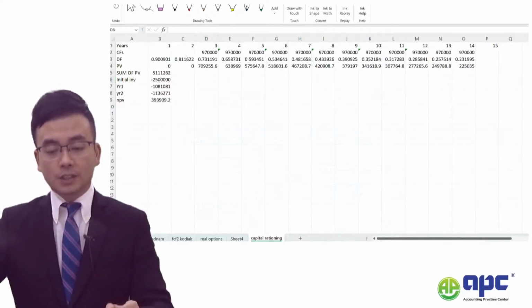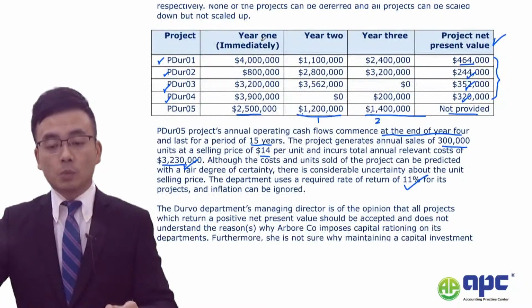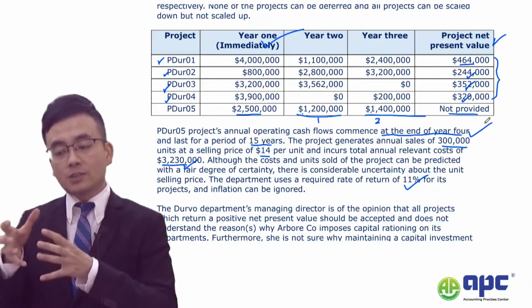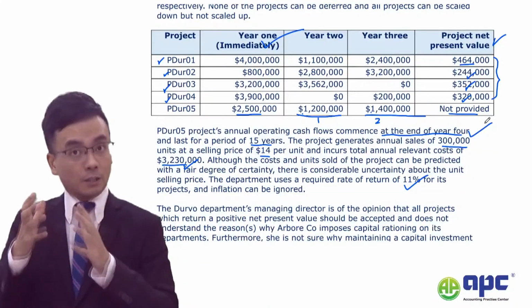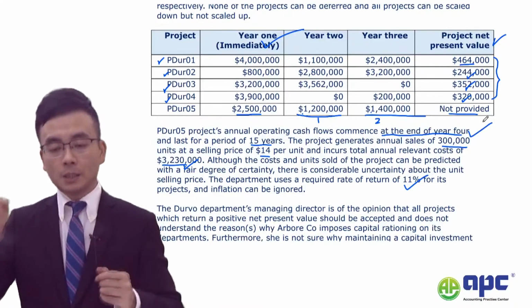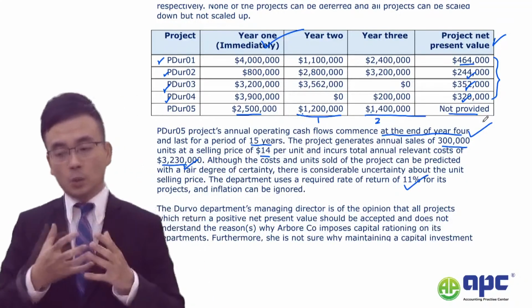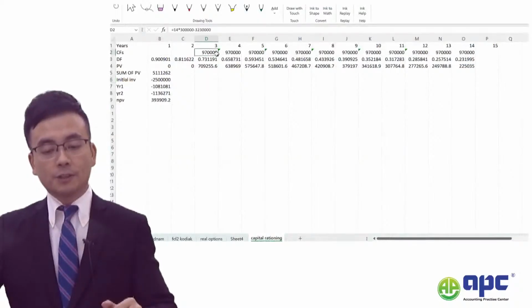As you can see, it's very easy to go wrong because we are told year 1 is immediately, but it's at the end of the 4th year, which means we will need to see that it's not at the end of the 4th year, but at the end of the 3rd year. Okay, because year 1 is year 0. All right, so that's why that is at the end of the 3rd year.